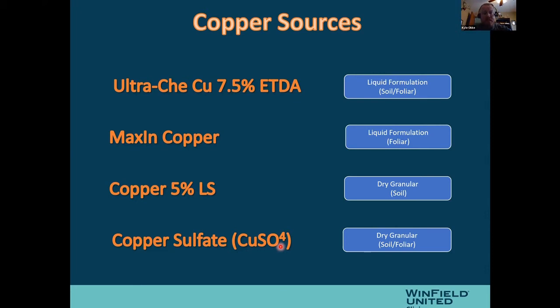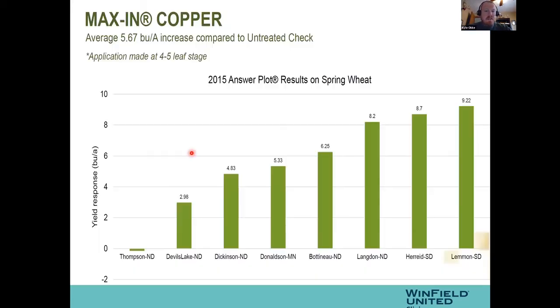Just based on work we've done in the past, I'm not going to share a ton of copper data for sake of time, but what we've found is that we see better response from foliar applications versus, say, an in-furrow with either granular or liquid forms. It's been that 5-leaf to fully tillered timing, and then having a max in copper application, where we've seen the best results.